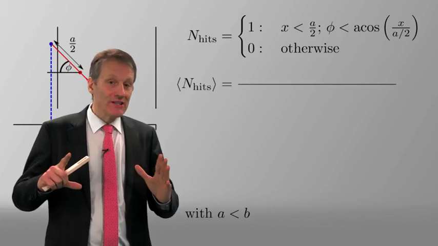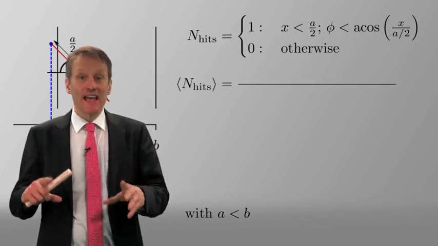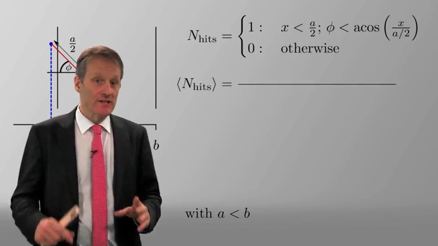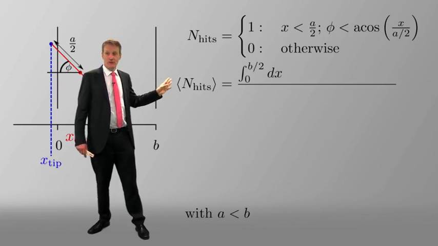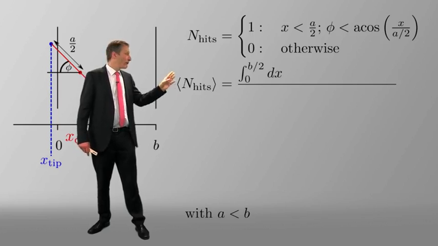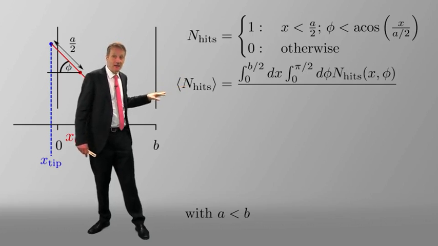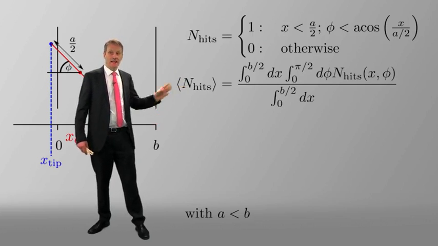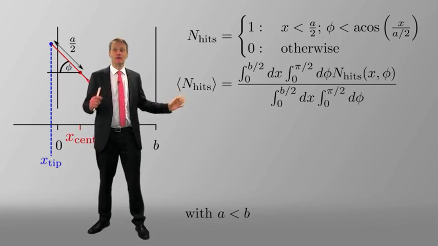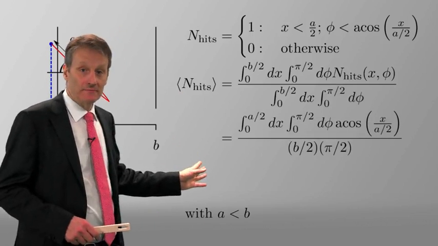And the average that we want to compute is given by the integral, as we had many times in this course, the integral over x from 0 to b over 2, the integral over phi from 0 to pi over 2 times n hits of x and phi, divided by the normalizing integral dx from 0 to b over 2, d phi from 0 to pi over 2. This gives the following integral.